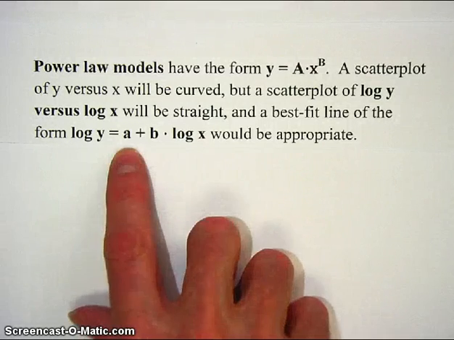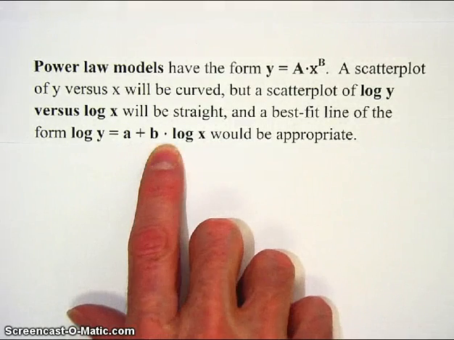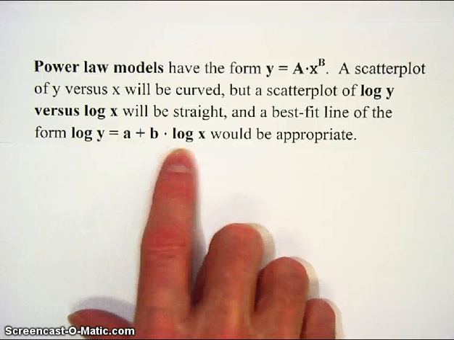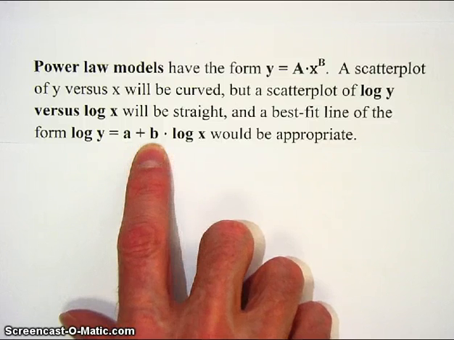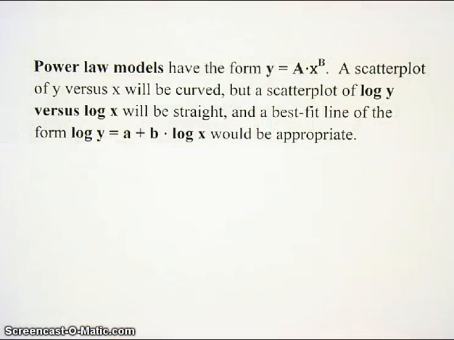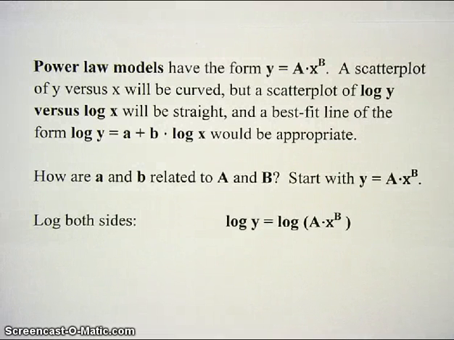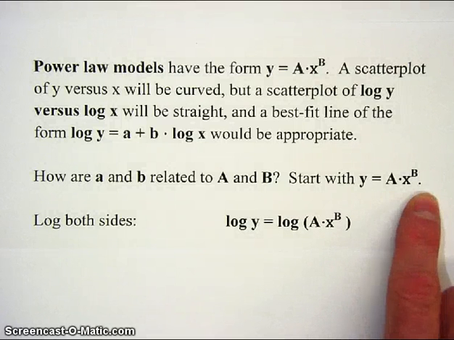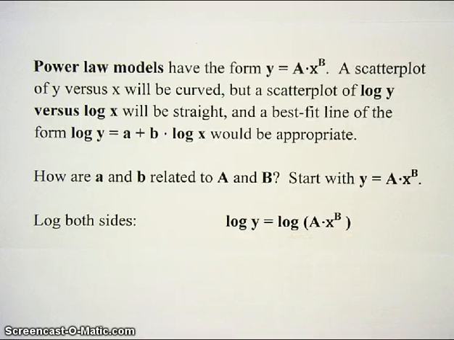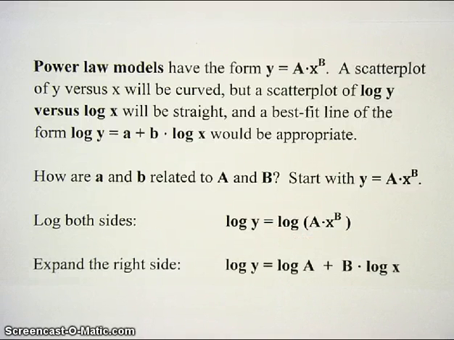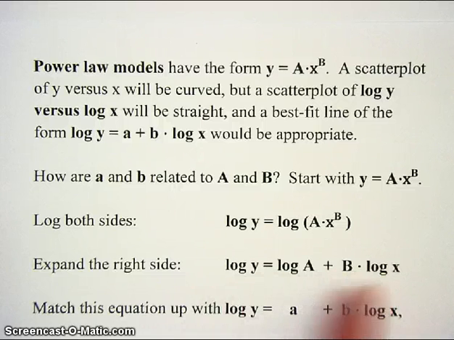Now again, the calculator will give you a and b when you do a regression of log y versus log x, and then you have to somehow transform back from lowercase a and b to uppercase A and B in the parallel model. The way you do that is similar to what we just looked at for the exponential model. You start with the basic power law relationship, you log both sides, then you apply your properties of logarithms to that expression on the right, expand it out, you get log y equals log capital A plus capital B times log x, and then you match that equation up with that one.